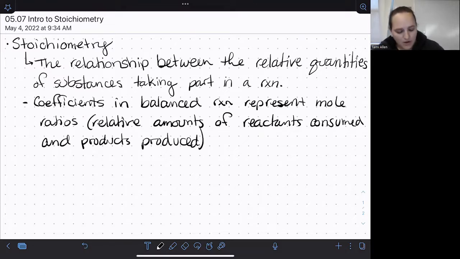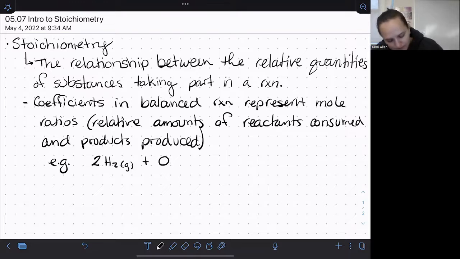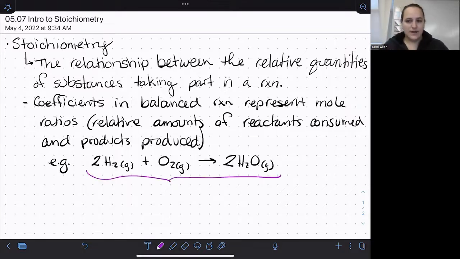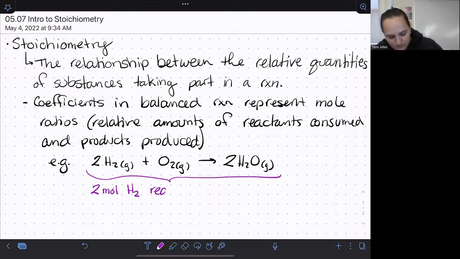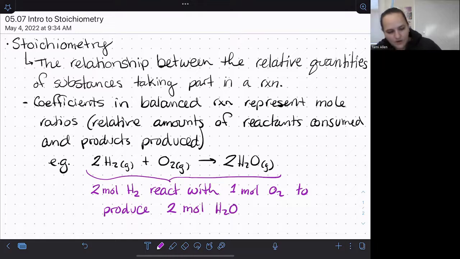In our chemical reaction. So for example, if we look at the reaction that produces water from hydrogen and oxygen gas, what this represents is hydrogen gas and oxygen gas forming water, but more specifically, it represents 2 moles of H2 reacting with 1 mole of O2 to produce 2 moles of water.